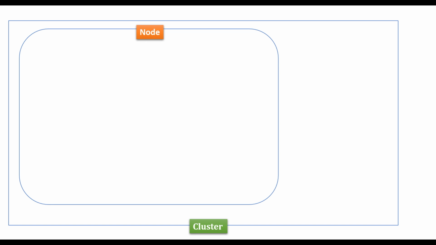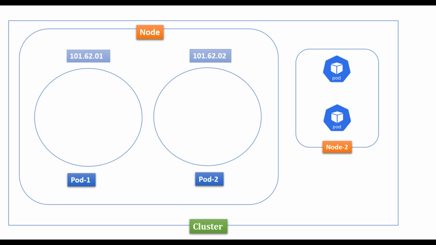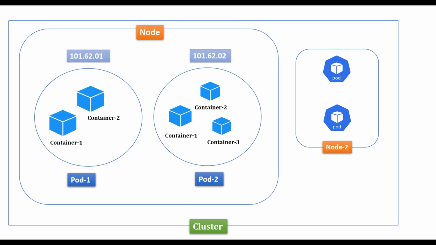As we know, in Kubernetes we have a cluster, and inside this cluster we can have either a single node or multiple nodes, and inside this node we can have a single pod or multiple pods, and again inside this pod we can have a single container or multiple containers, and this container is the platform where you can run your application. The application can be Spring Boot or Angular or any technology specific application you can run inside containers which are present inside pods.